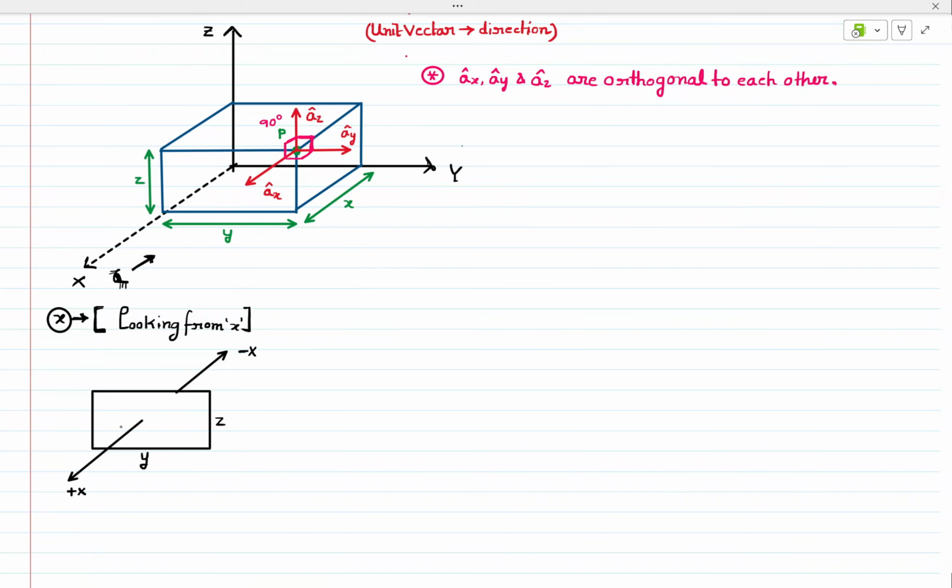So looking from the X side, I can see the YZ plane, and the range of X is plus X to minus X. Using the unit vector, I can write this side as minus X and this side as plus X, right? And this X is perpendicular on the plane.